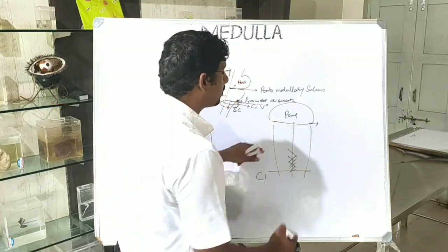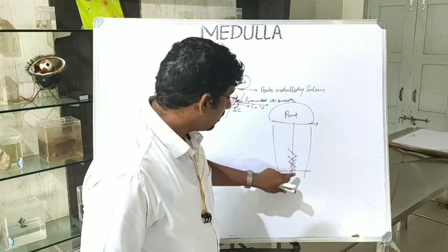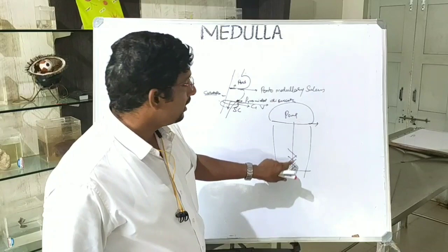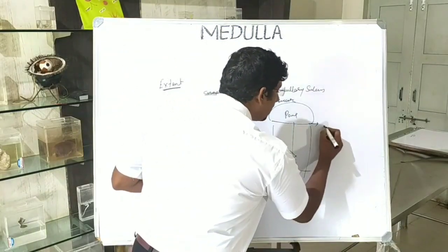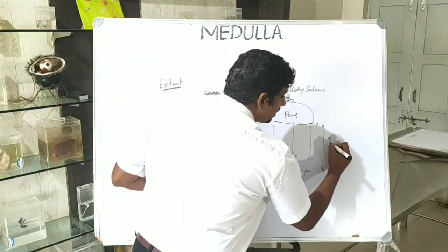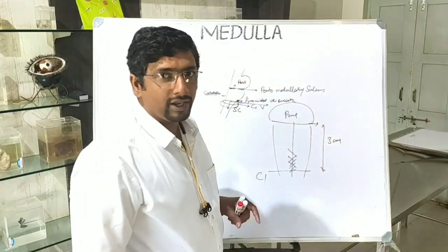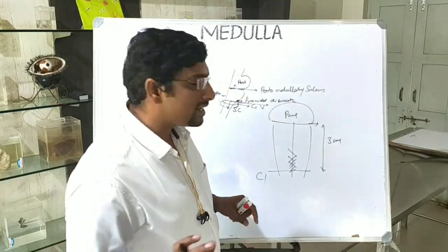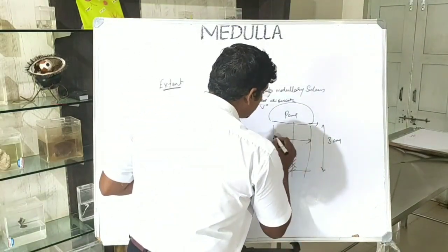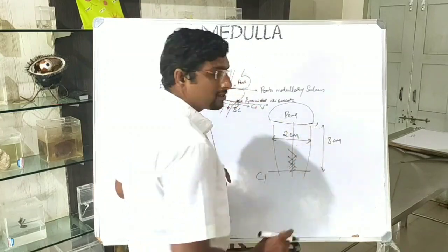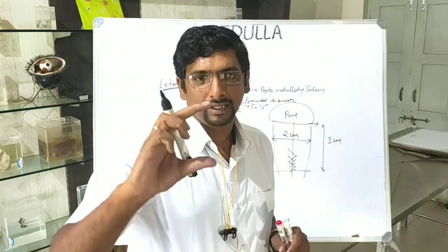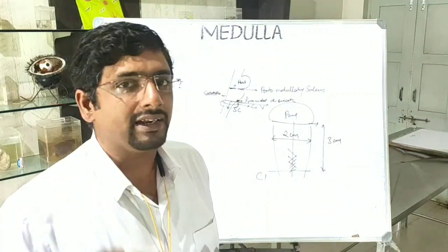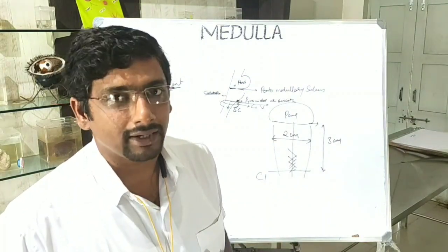It extends from the pontomedullary sulcus to the upper border of C1, and its length is about 3 centimeters and its width is about 2 centimeters.